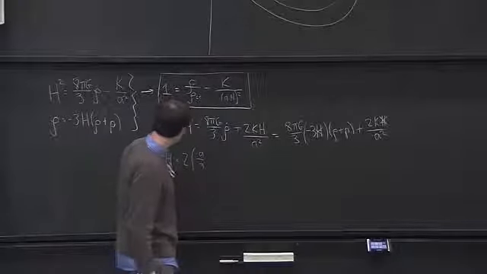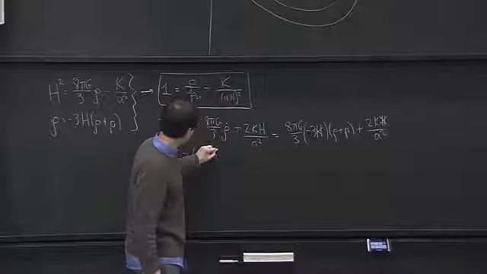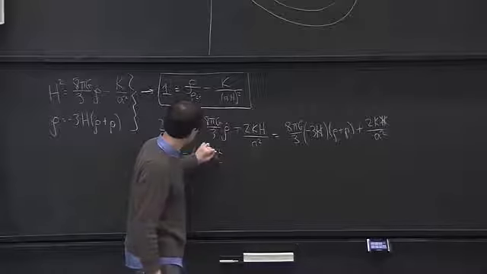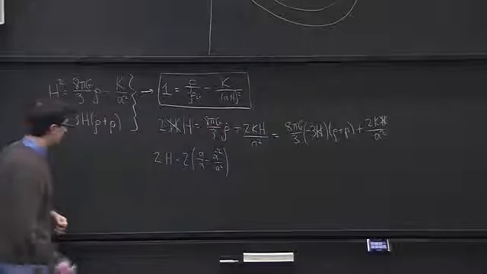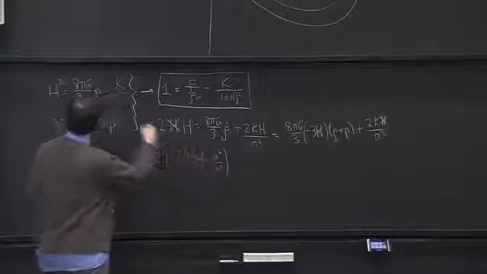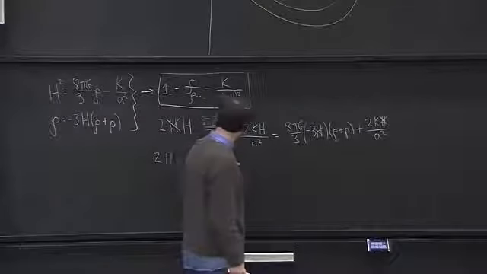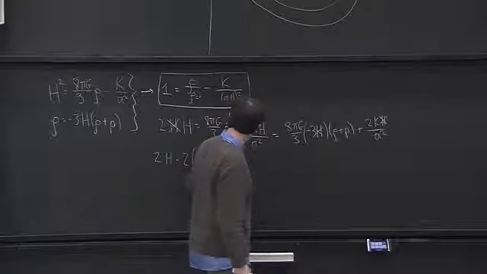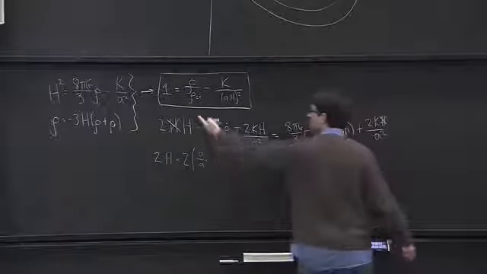That's one term from differentiating the numerator of h, and then minus a dot squared over a squared from differentiating the denominator. But this is just h squared, so I'll use the Friedmann equation to remove that. So I have 2 a double dot over a minus 2h squared.